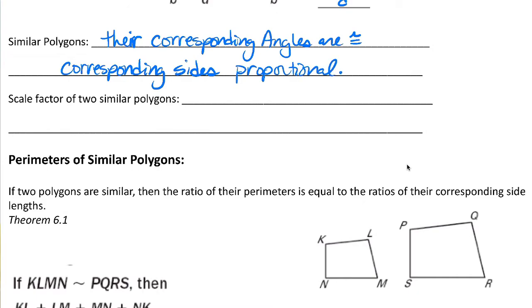Anytime you know that you have similar polygons, their corresponding angles are going to be the same, and their corresponding sides are in a way where you could write a ratio and they would all reduce to the same scale factor, so their corresponding sides are proportional.